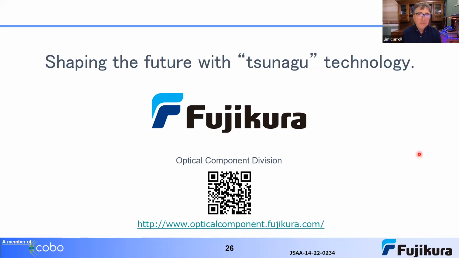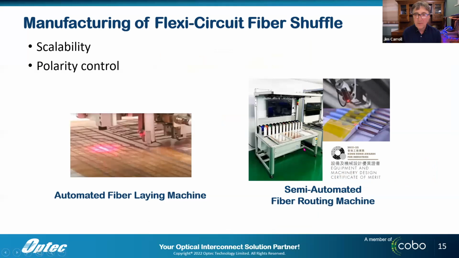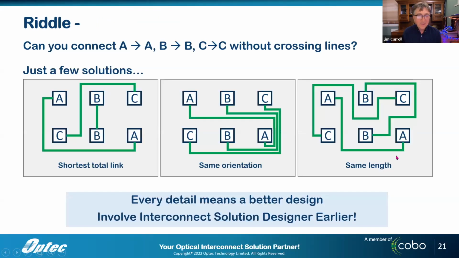Finally, I'd like to go back, Paul, if you still have your slides available, to your last slide, which was the solution to the riddle. I like that challenge a lot. What you gave us was the challenge of just connecting three points with three endpoints, but really the challenge for these switches is much more complicated than that, right? 1024.